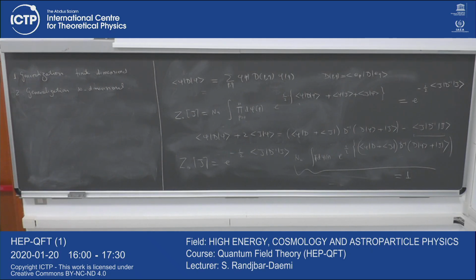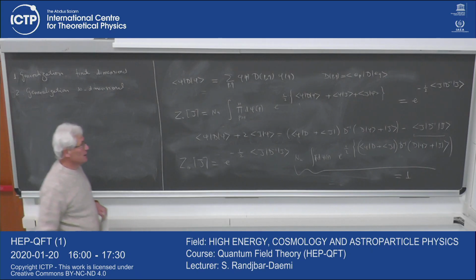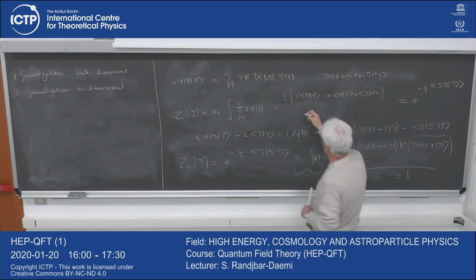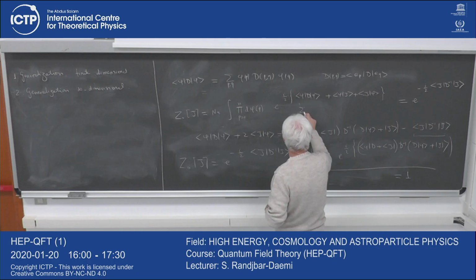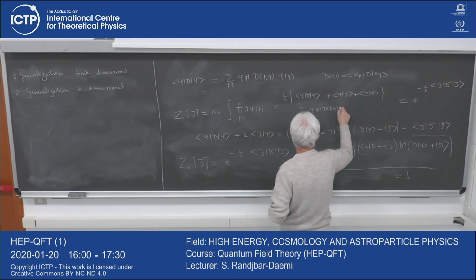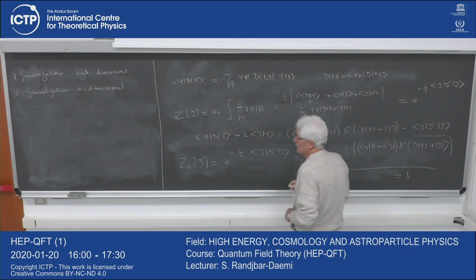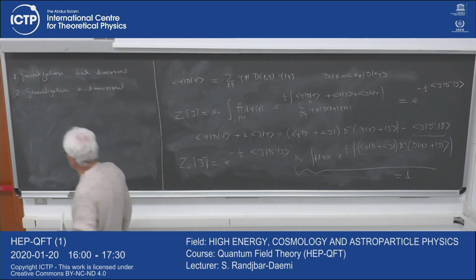So now we are going to take this exponent to be a functional. Here you have a finite sum over P and Q of phi P D_PQ phi Q. That is this expression. Instead of a sum, we are going to have an integral.